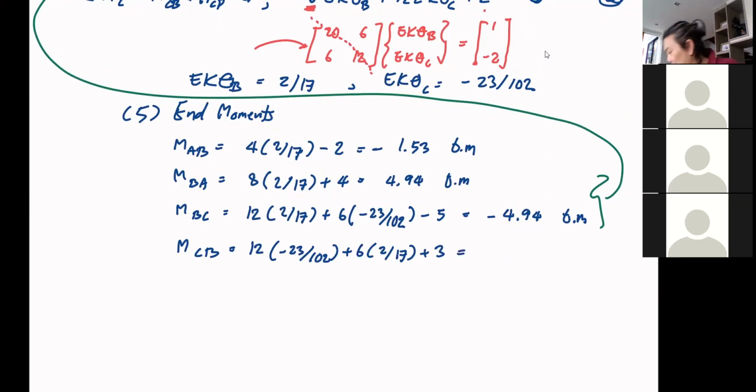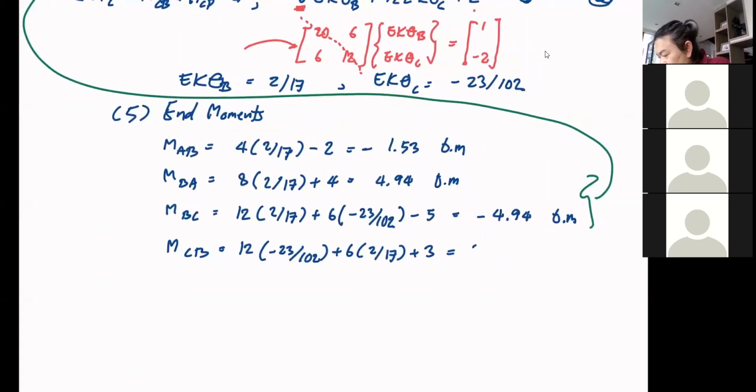And ta-da, of course, it is 3. So your end moments are all correct because they all satisfy your equilibrium equations. And now you can proceed to calculate your reactions and so on.